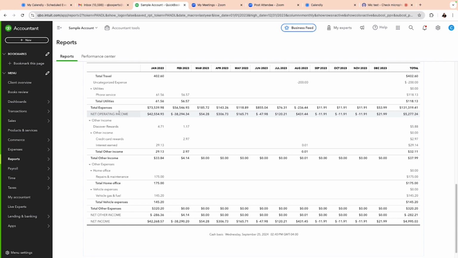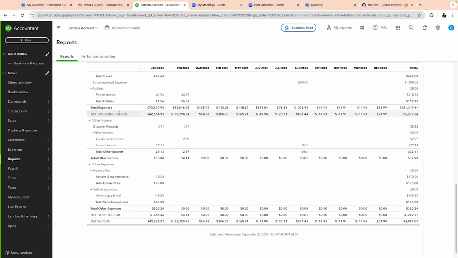And then after that, you're going to have income and expense that are not directly related to providing the services, such as earnings like Discover card rewards or any kind of credit card rewards, or any kind of home office expense and things like that.